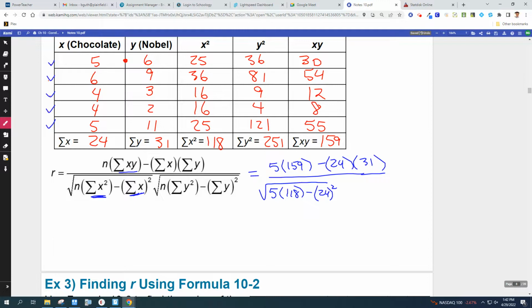The other one is sigma x, squared. Sounds the same, but it is totally not. Times another big square root. N is 5. Sigma y squared is 251 minus sigma y, squared is 31 squared.